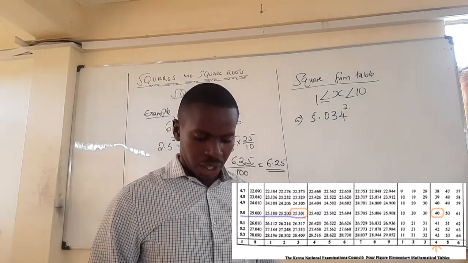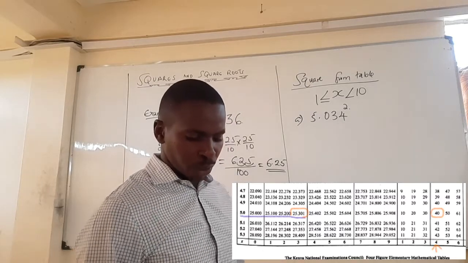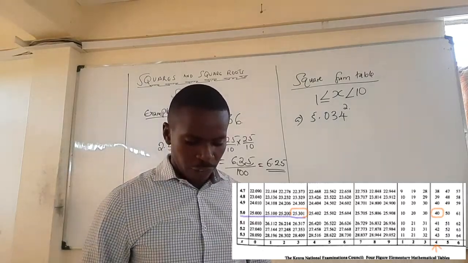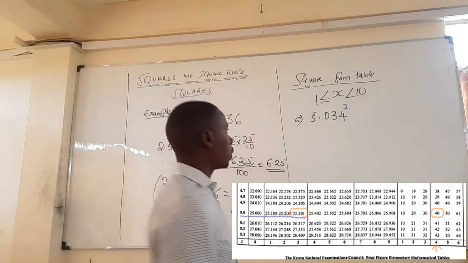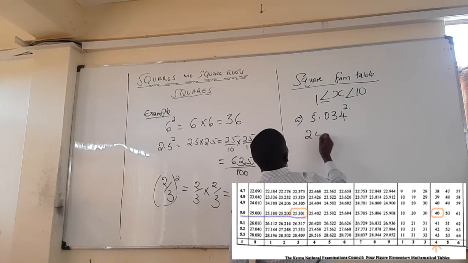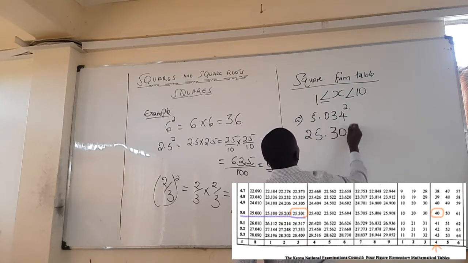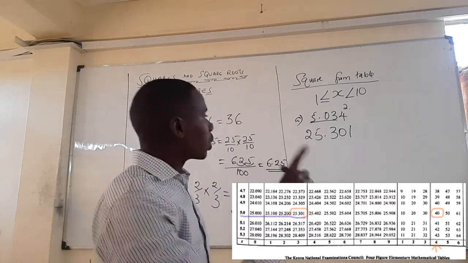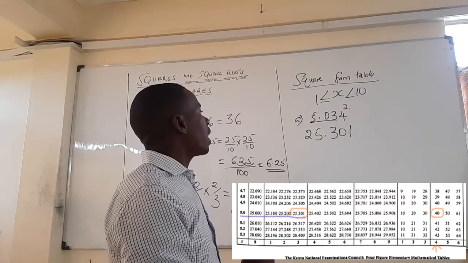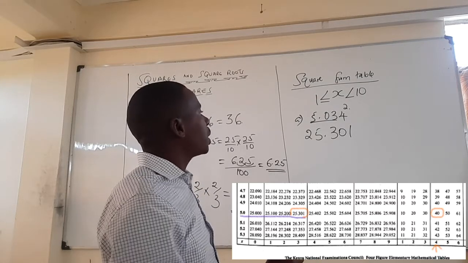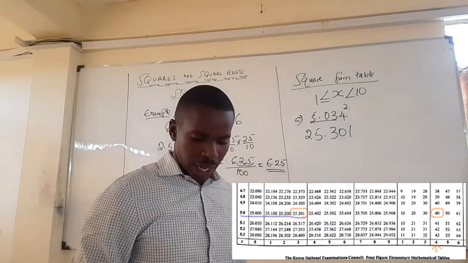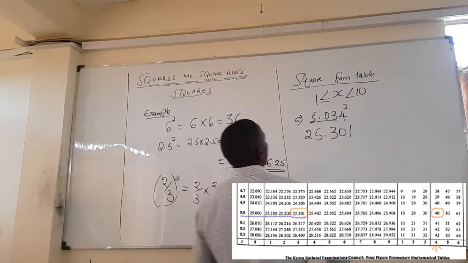We do it like this. So 5.03, from the table, we have 25.301. So that is the square of 5.03. Then we go to the addition column along that row of 5.03. We look at what corresponds to 4, and I have 40.